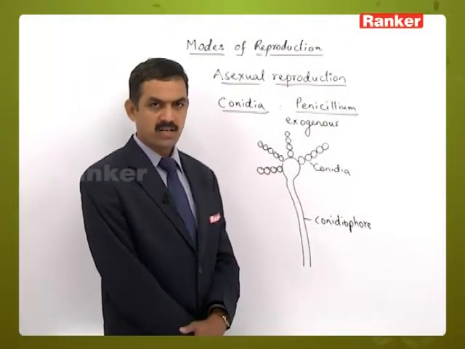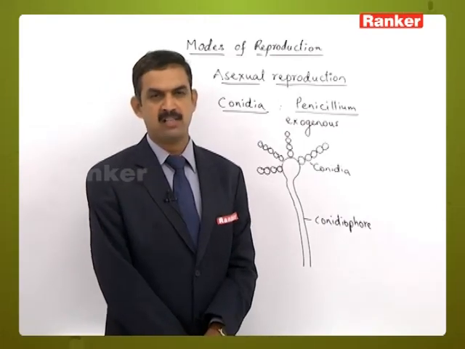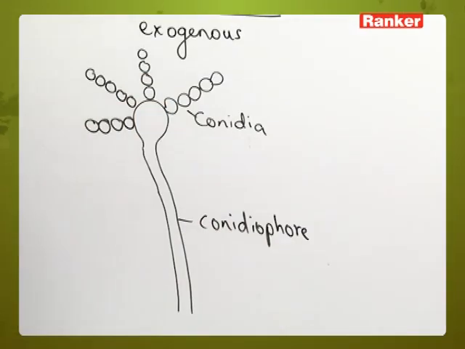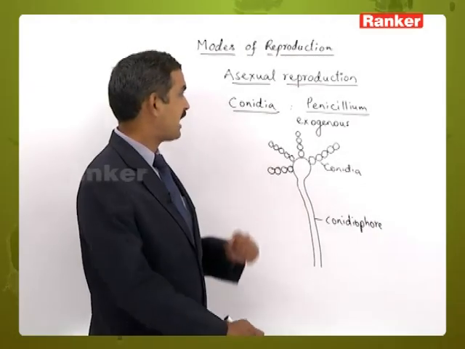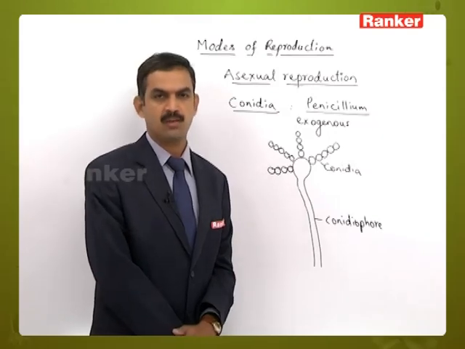These are also non-motile spores, and when they are liberated, carried by passive winds, they will fall on suitable substratum and germinate to give rise to the daughter plants. So these are the 5 types of the spores which are observed in various groups of plants.